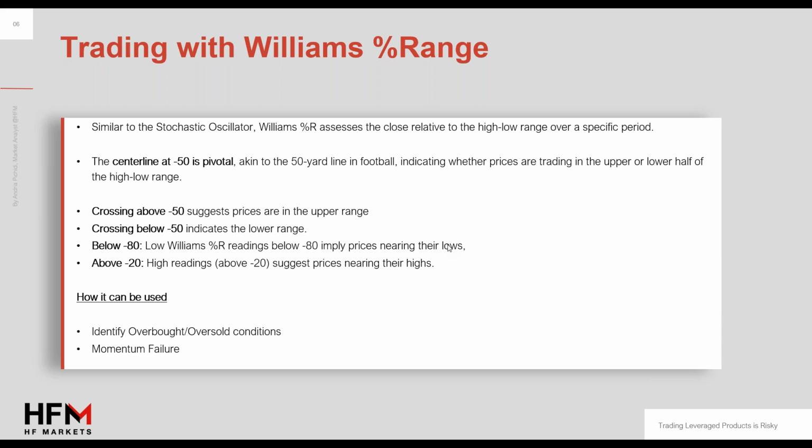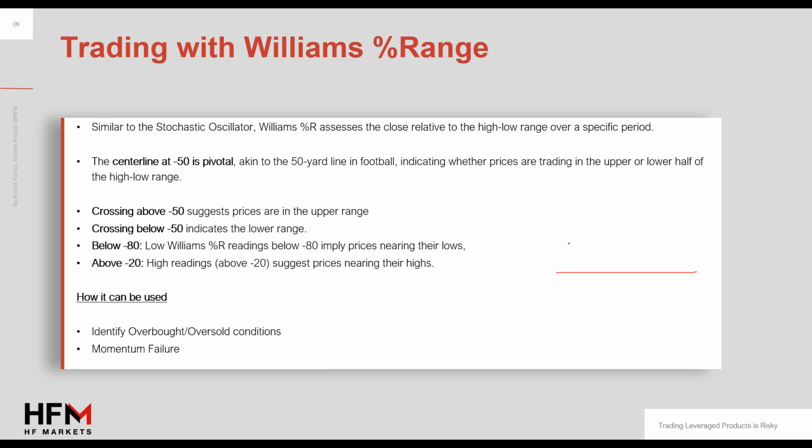I don't find that very useful, but you need to be aware that the calculation of Williams percentage is by default on a 14 period time frame, like the RSI. So let me write that down just for your own information.